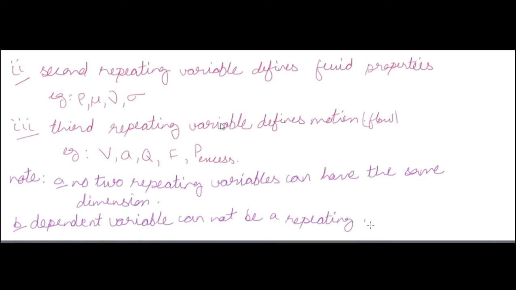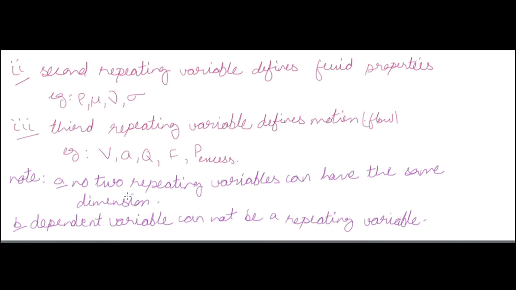If you have chosen the first and second, then the third variable should not have the same dimension as the first or second. Also, dependent variables cannot be repeating variables. If you have a dependent variable, you cannot choose it as a repeating variable.